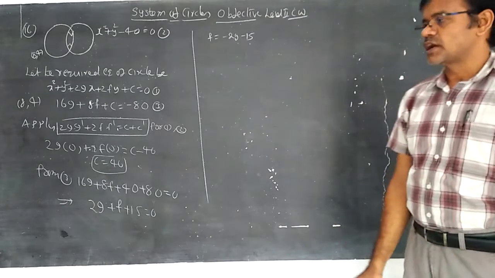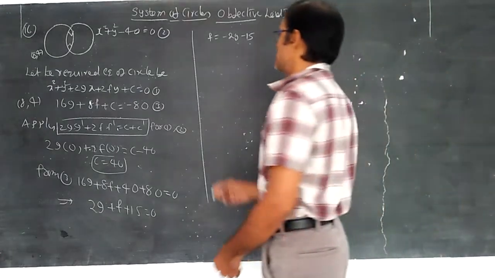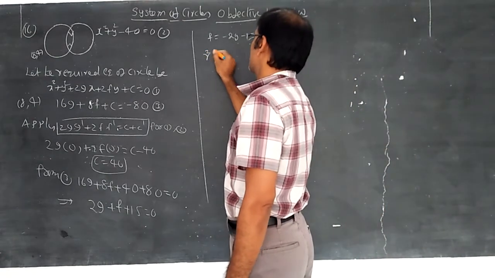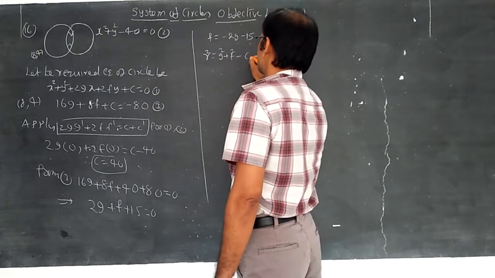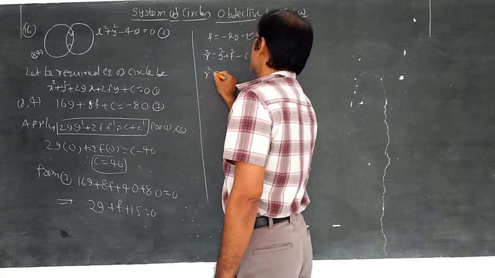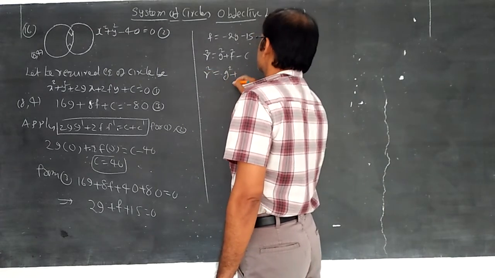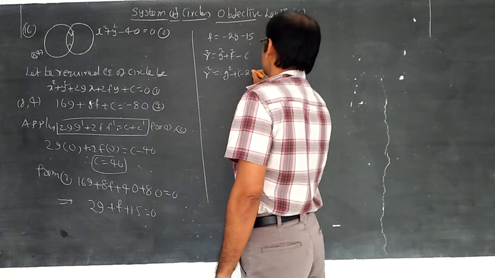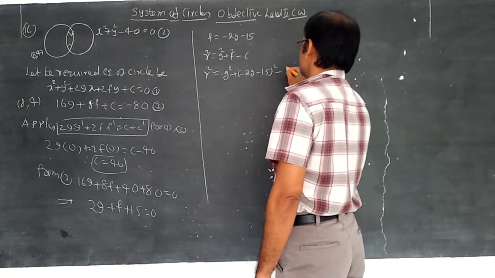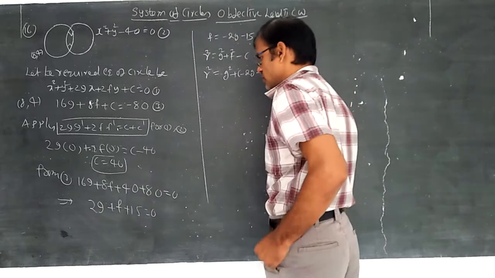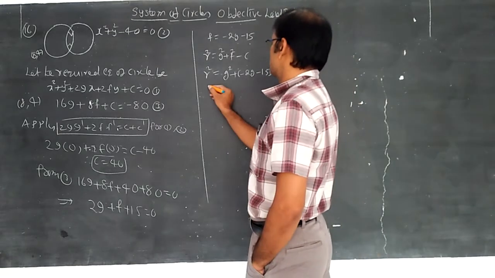Now we should calculate the least radius. Remembering the formula, r square is equal to g square plus f square minus c. So r square is equal to g square plus f square, making it a single term in g, minus 40.